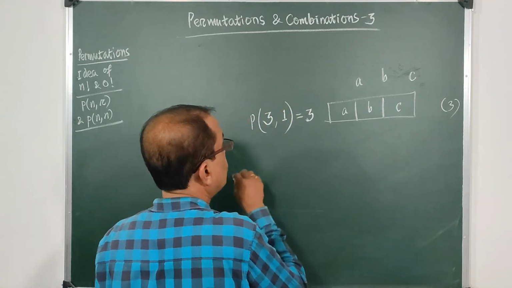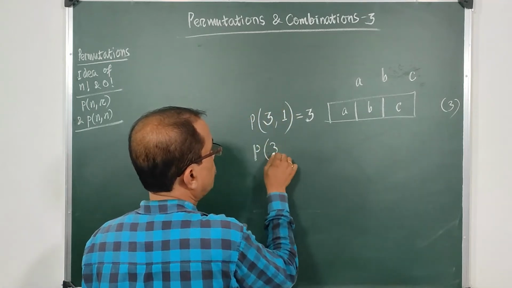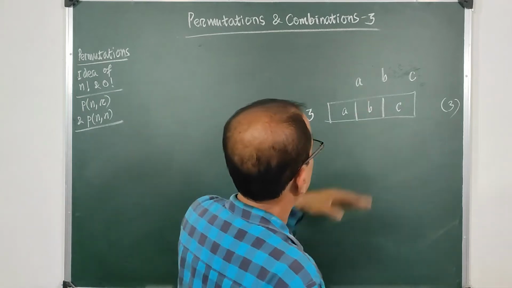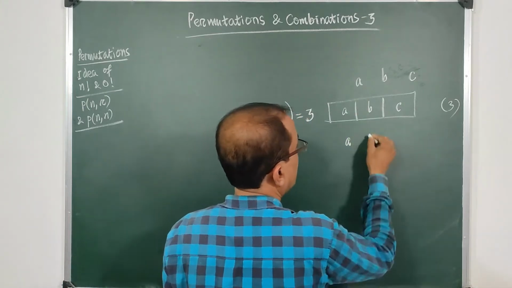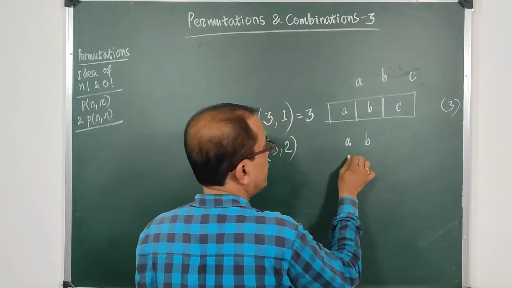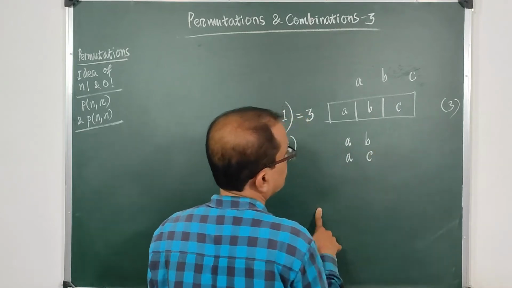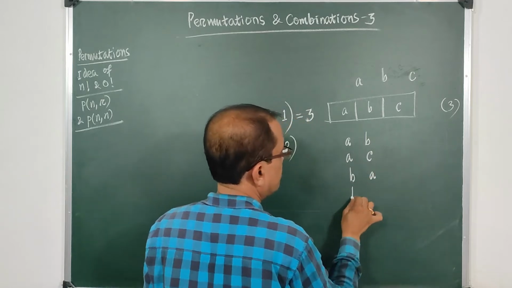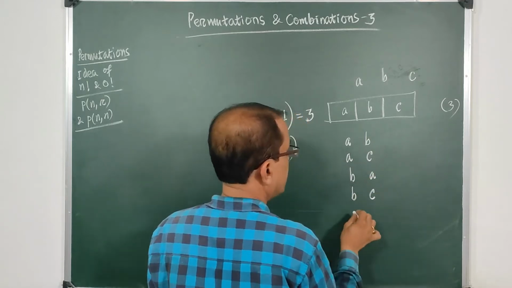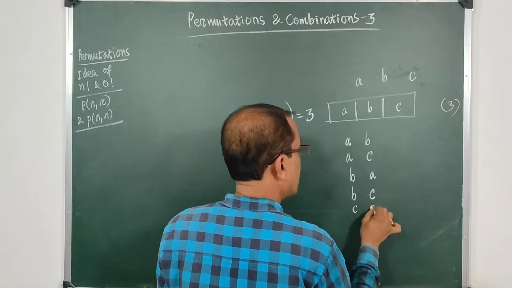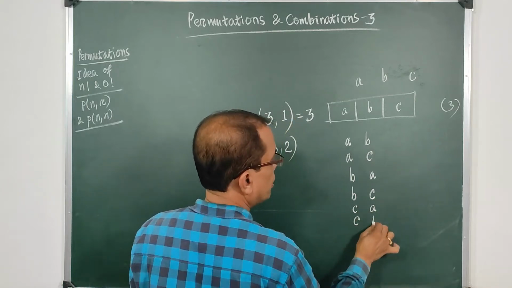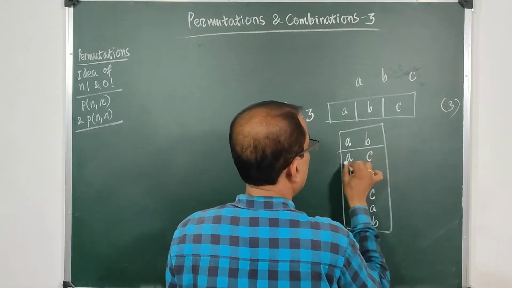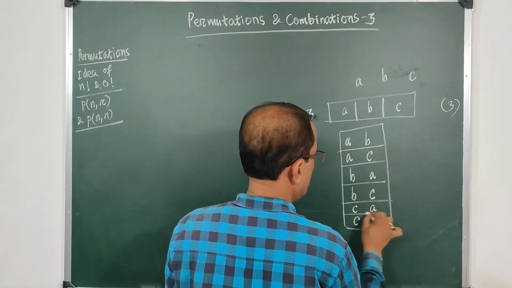What if I take 2? P(3,2), permutation of 3 things taking 2 at a time. I take A and B, next I take A and C. I can also take B and A, next B and C. I can take C and A and also C and B. So the total number of choices I have is AB, AC, BA, BC, CA and CB.